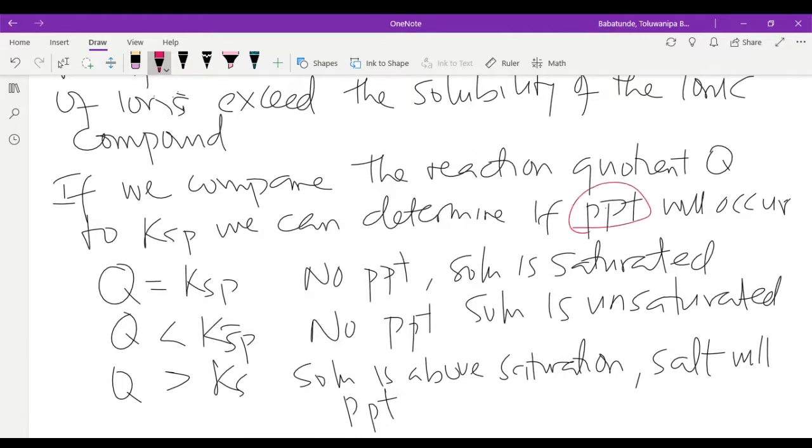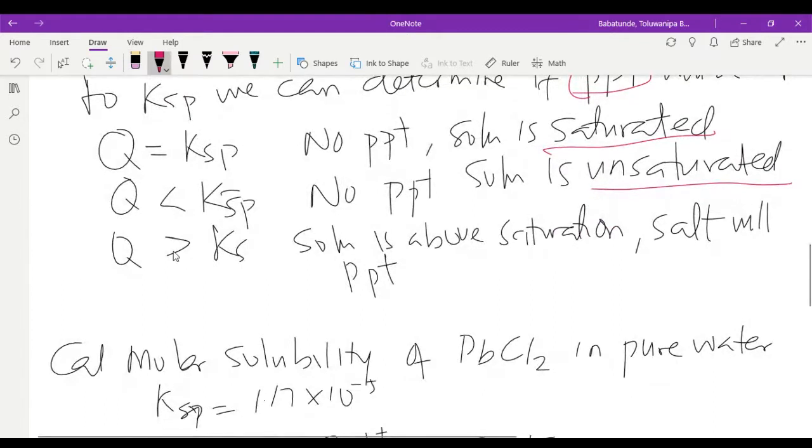When Q, which is the reaction quotient, is equal to Ksp, there is no precipitation, because the solution is saturated. When Q is less than Ksp, there is no precipitation. The solution at this point is unsaturated. When Q is greater than Ksp, the solution is above saturation, and the salt will form precipitates.